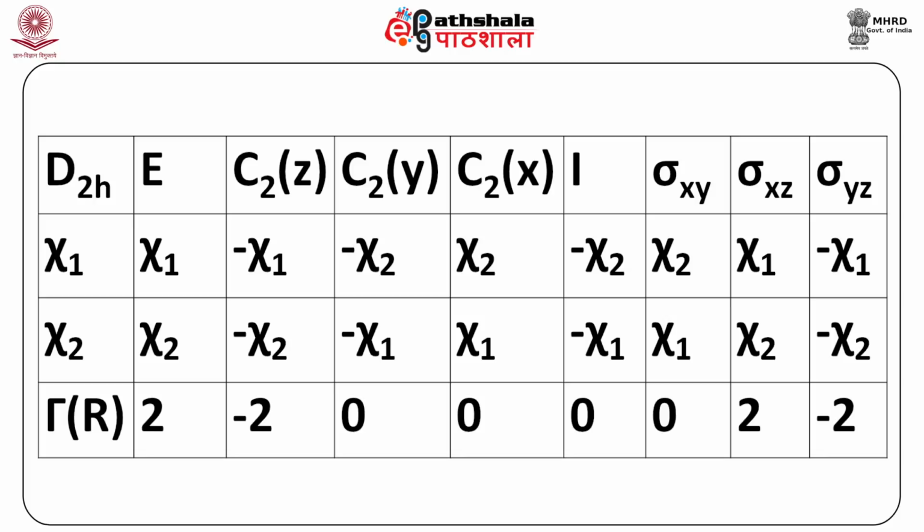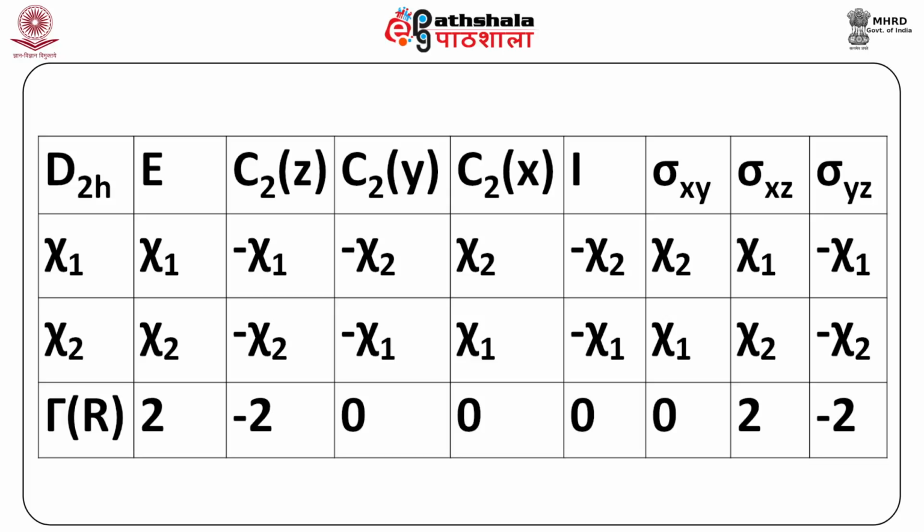And to get the reducible representation, we only count the number of orbitals which are unchanged. For example, in E, chi1 is unchanged, chi2 is unchanged. So there are 2 unchanged orbitals. The reducible representation, the character is 2 for E. Chi1 remains chi1 but changes sign, and similarly chi2 also remains in position but changes sign.